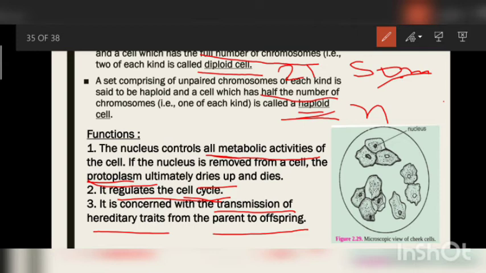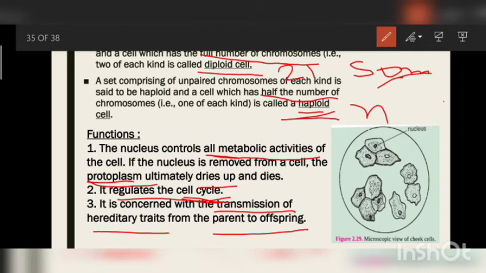Second, it regulates the cell cycle, and third, it is concerned with the transmission of characters or traits from parents to offspring. Okay, so this is the picture of a microscopic view of cheek cells. We use methylene blue because methylene blue is a stain which is used to stain particularly a nucleus.